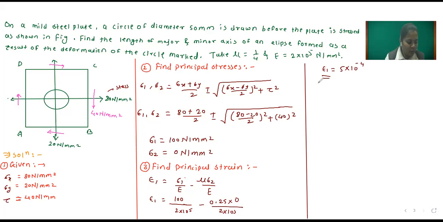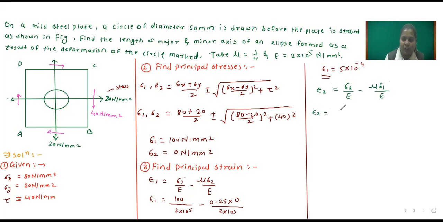Now we will find out the minor principal strain. So for that we will use the second equation, epsilon 2, which is equal to sigma 2 upon E minus mu into sigma 1 upon E, right? So we will put values here.